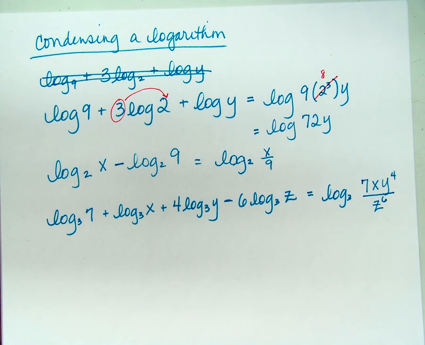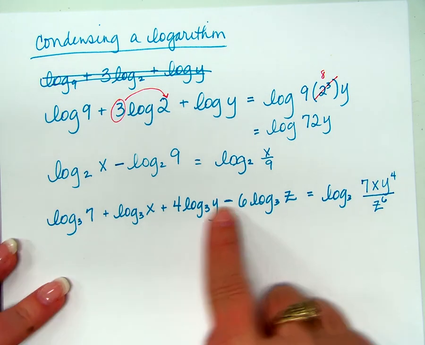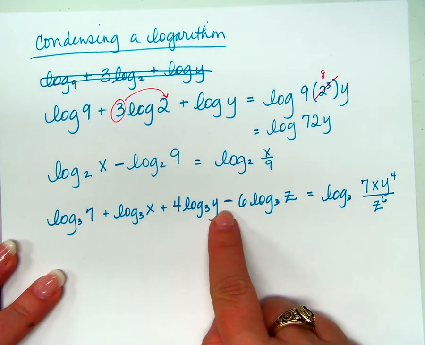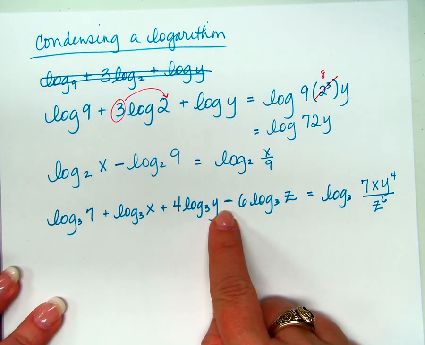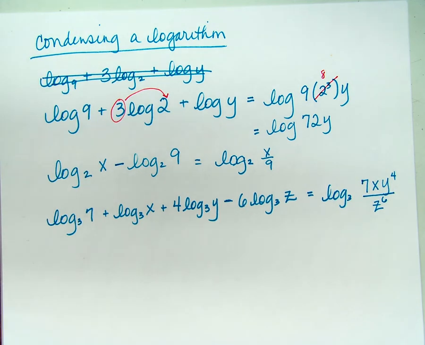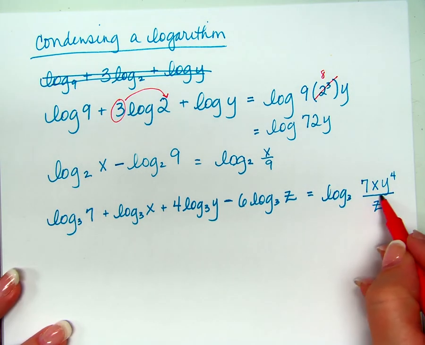Now, I want you to look carefully because this has been a problem in the past and I'm not going to let it be a problem right now. And the best part is neither are you. When it was subtracting, I knew that that was divide, right? Do you notice where I put the division line? Right there.